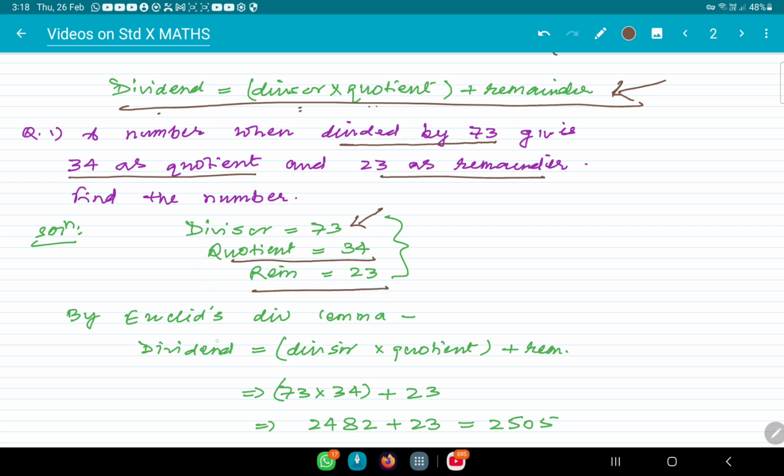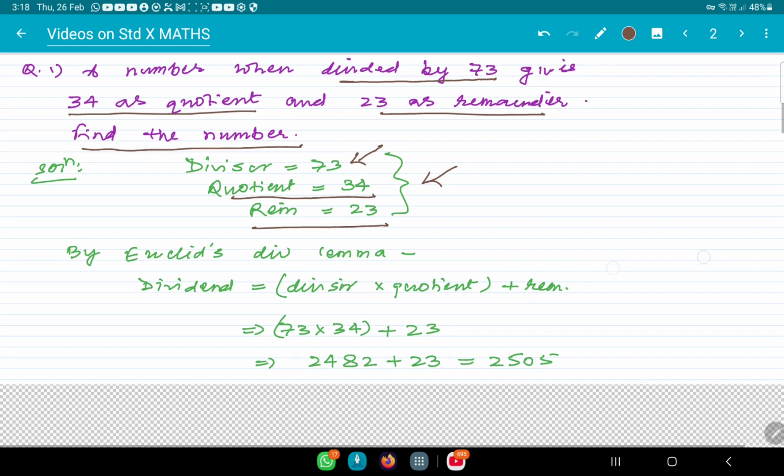When you solve your question, first mention what the question has given: divisor is equal to 73, quotient is 34 and remainder is 23. And now what your question demands: find the number.